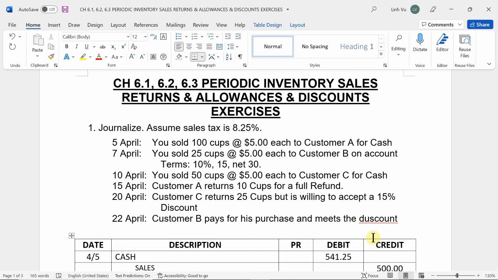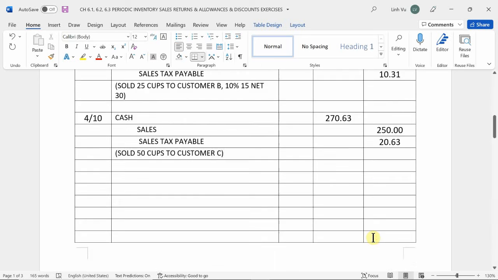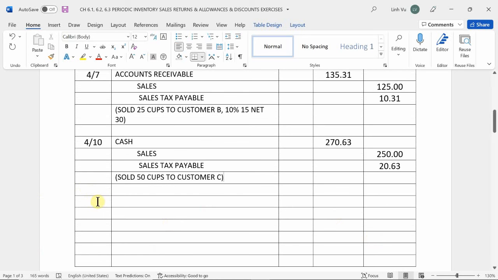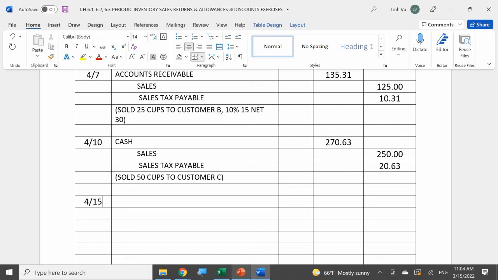They bought them from me on April 5th. Now, how much did I charge each cup for? $5. So if customer A decides to return 10 of those cups for a full refund, how much money am I going to be giving back? So April 15, okay?